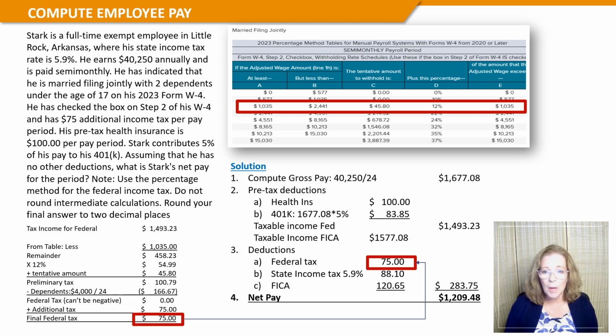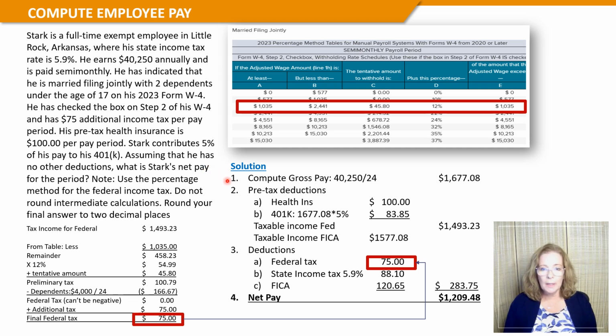He has checked the box on step 2 of his W-4 and has $75 additional income tax per pay period. His pre-tax health insurance is $100 per pay period. Stark contributes 5% of his pay to his 401k. Assuming that he has no other deductions, what is Stark's net pay for the period?